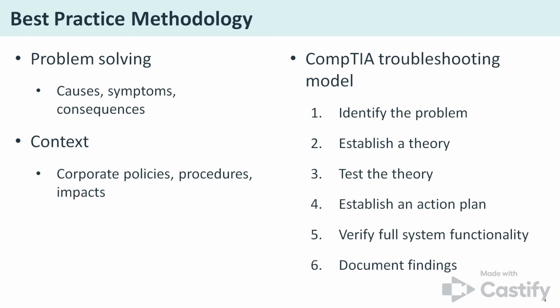Like I said, this is not holistic; it is just solely for CompTIA. You can try to adopt this process, or you can just adopt whatever practice your company adopts.